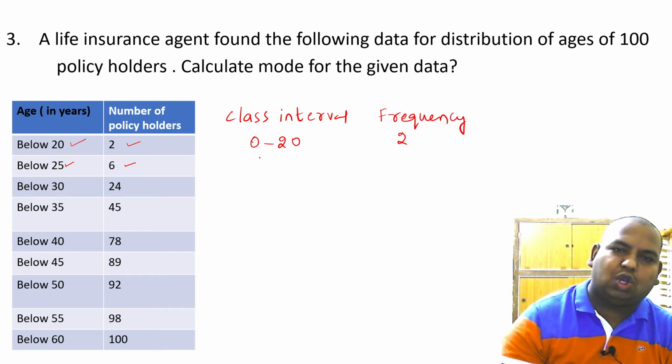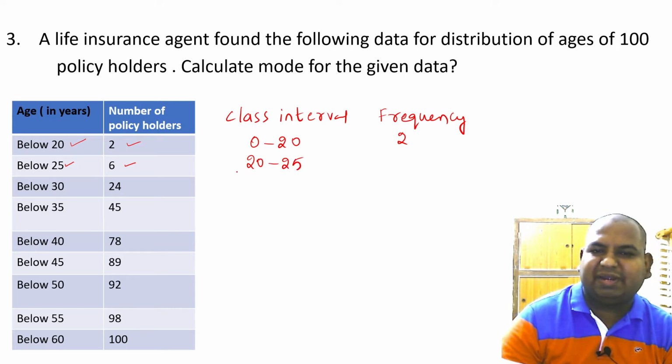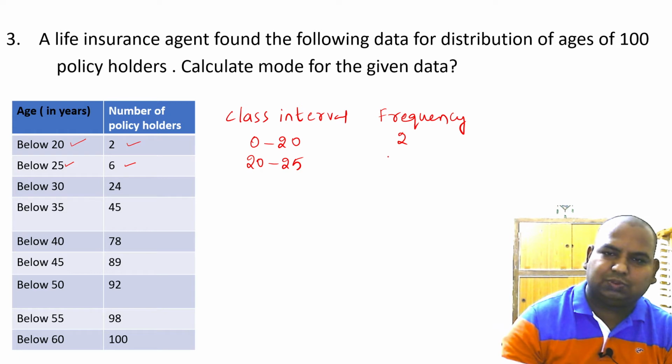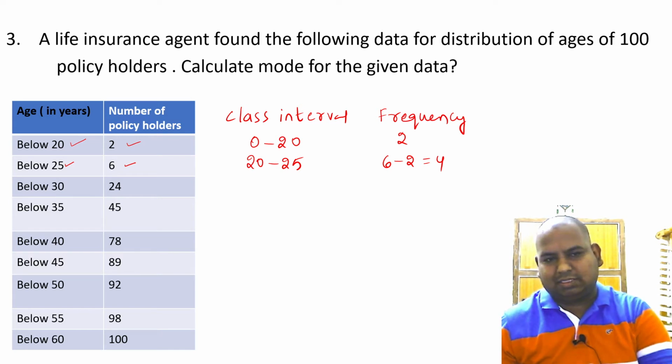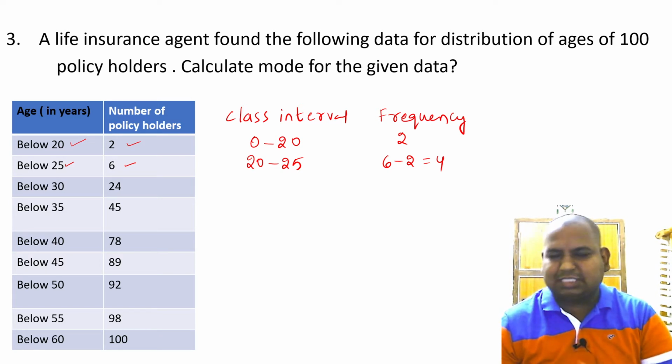Can I know how many people are present whose age is in between 20 and 25? In between 20 and 25, it is 6 minus 2, and 6 minus 2 is 4. Because below 20, 2 members; below 25, 6 members.